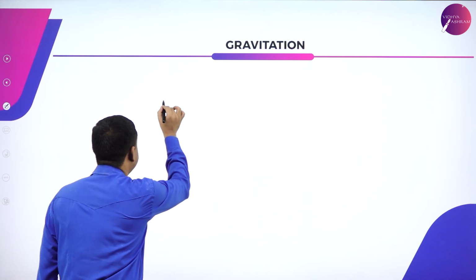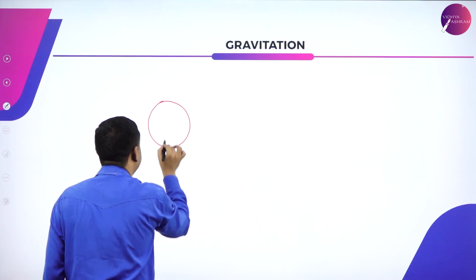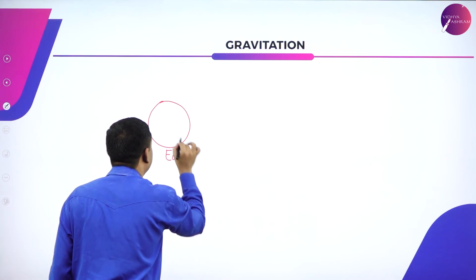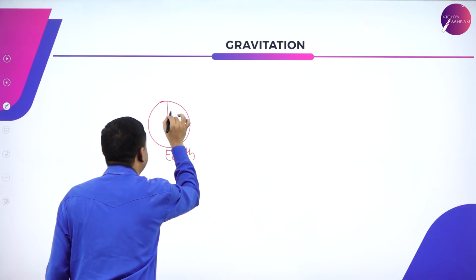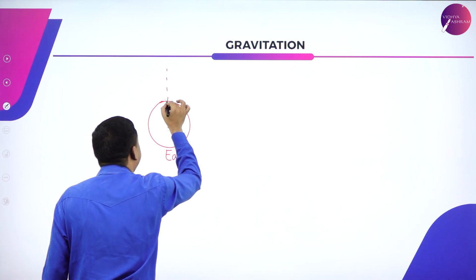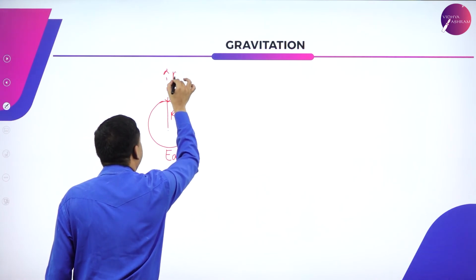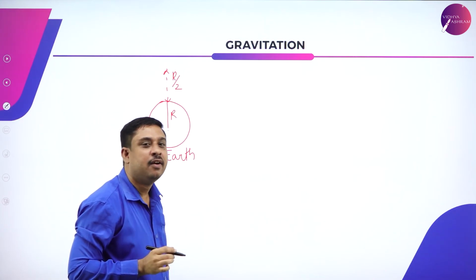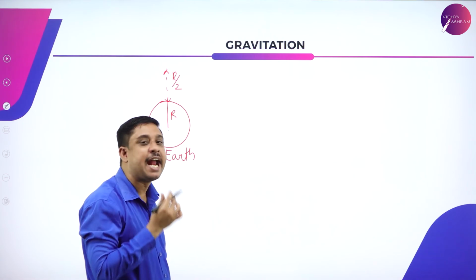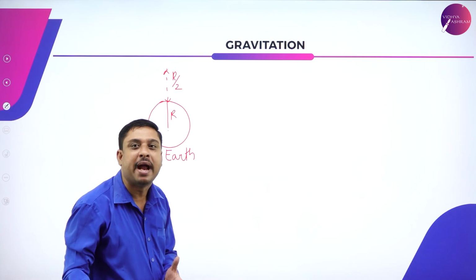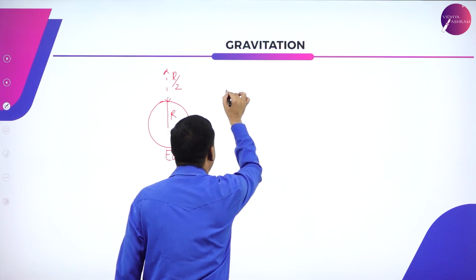So in this case, now again, this is the earth. The radius was R. Now the body is taken to a height which is half the radius. So in this case, the weight has to be calculated.